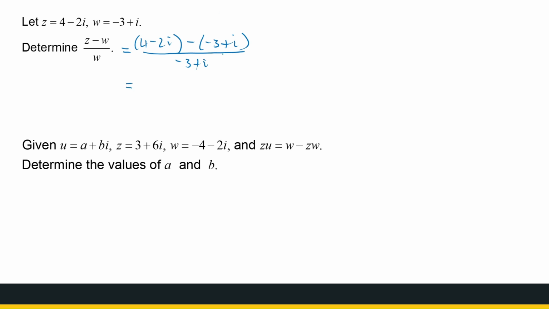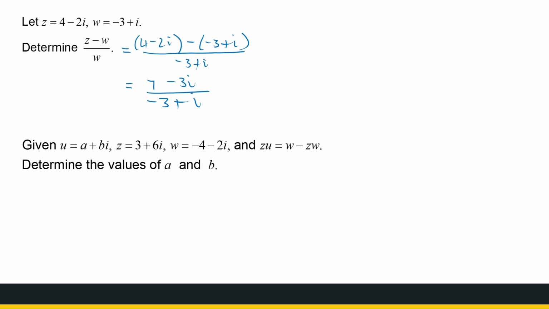So that will be 4 minus 3 is 4 plus 3, so that's 7. And my imaginary part, I've got minus 2i minus i, so it's minus 3i, over minus 3 plus i.